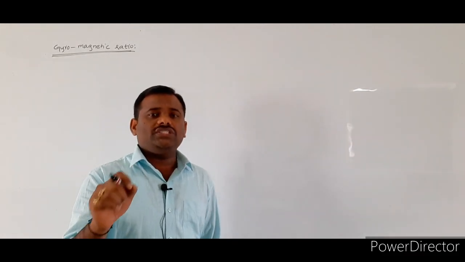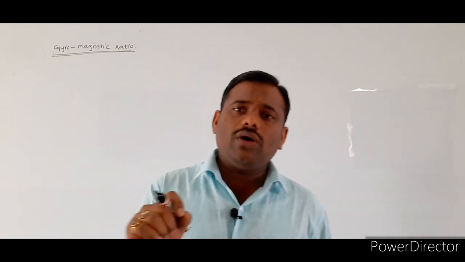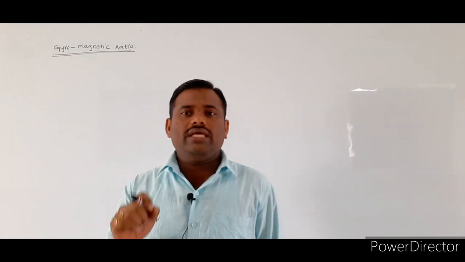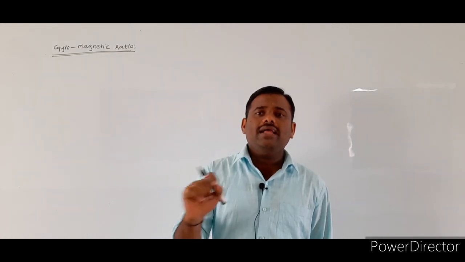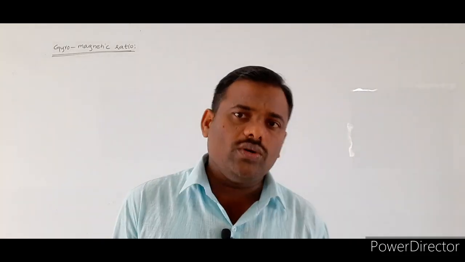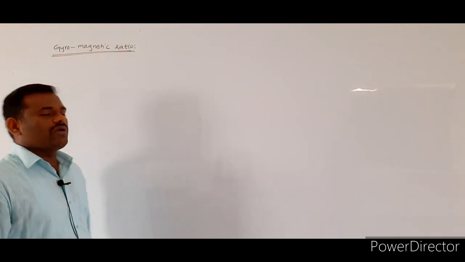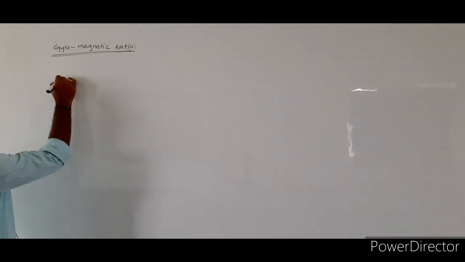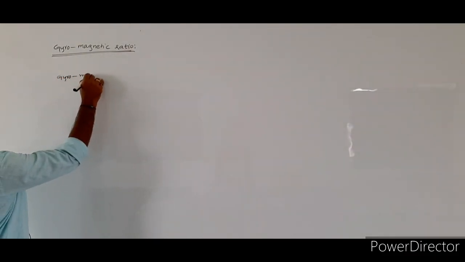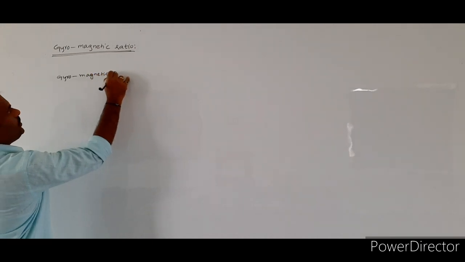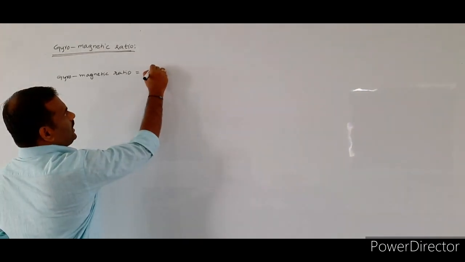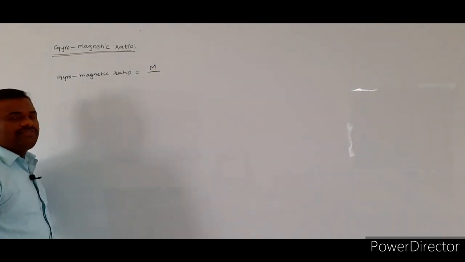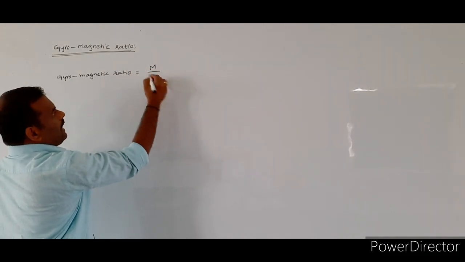The gyromagnetic ratio is defined as the ratio of magnetic momentum to the angular momentum of a charged particle, which is revolving in the circular path. Therefore, gyromagnetic ratio is equal to the ratio of magnetic momentum to the angular momentum.